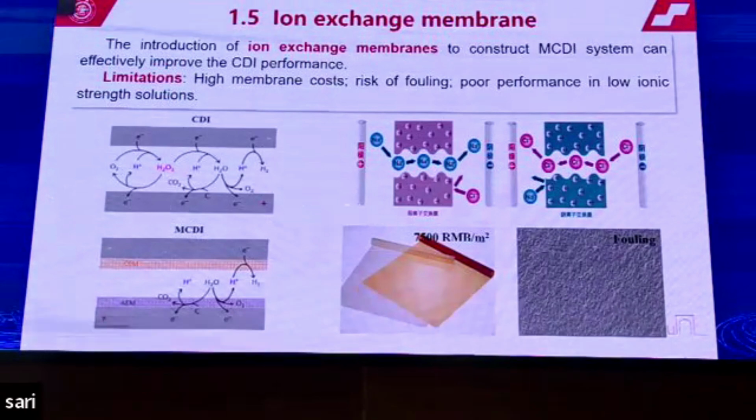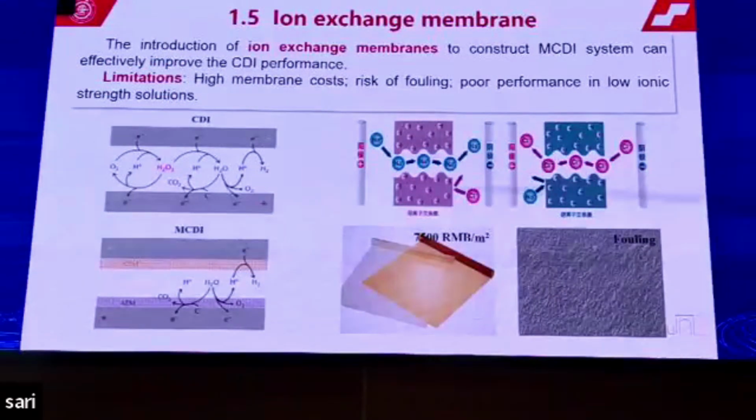In this way, we can achieve the separation of different ions and limit the co-ion effect. Besides, with this relatively dense layer, the hydrogen ions and hydroxide groups can be rejected from the cathode and anode, in this way achieving long-term operation.